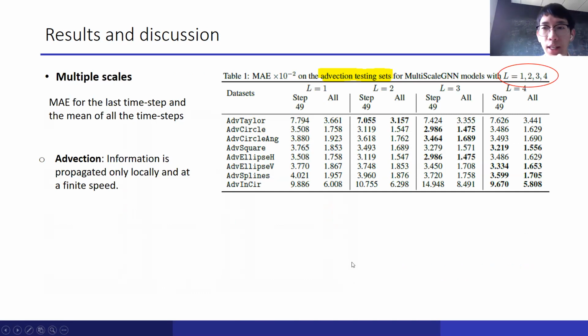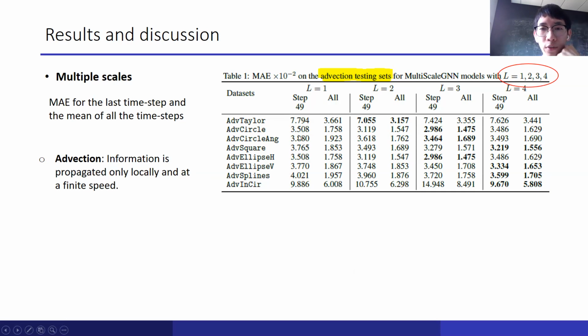Okay, so this slide shows a parametric study for the multiscale graph. And in this table, we can see they use different multiscale levels. And they provide the MAE for the last time step and the mean value over all the time steps.